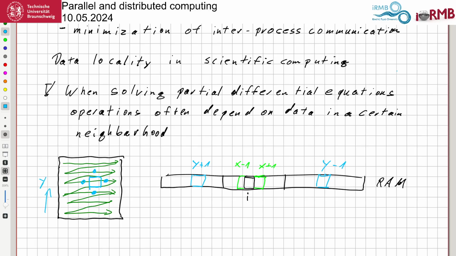So you see, in one of the dimensions, it is directly the neighbor. It's difficult to read the green. Question? No. Okay, so we have some data locality in this region here.